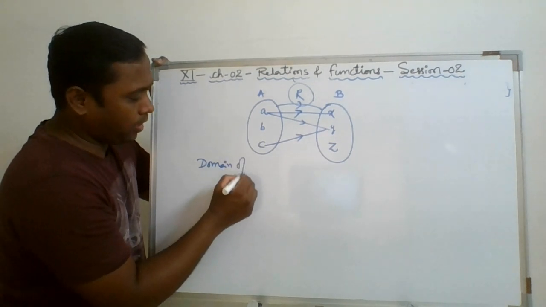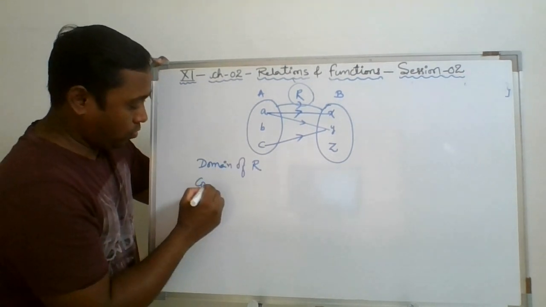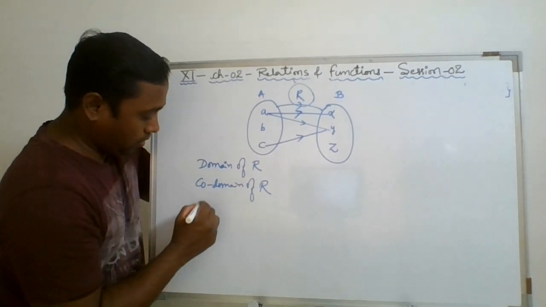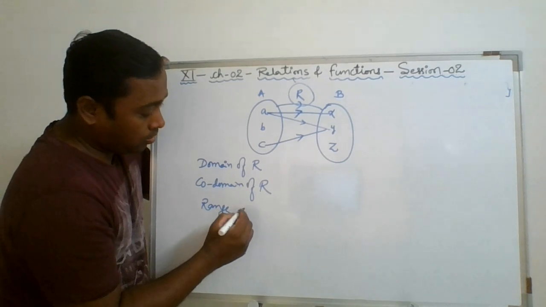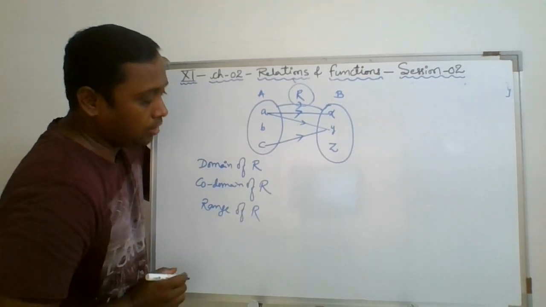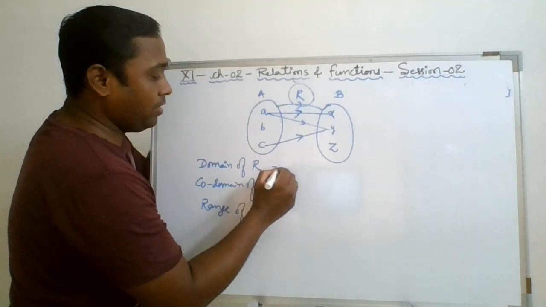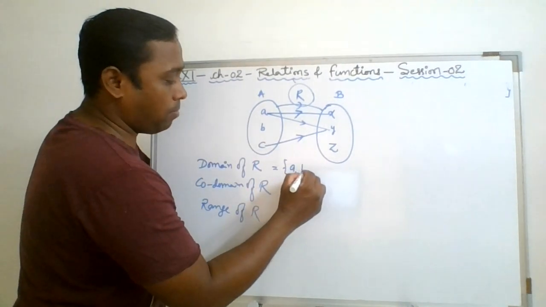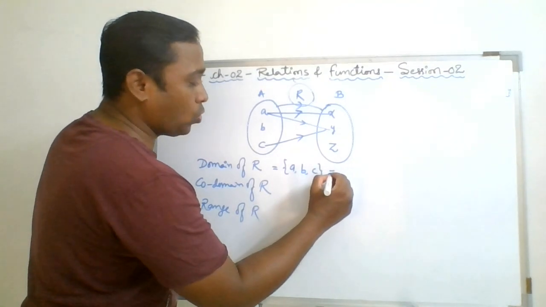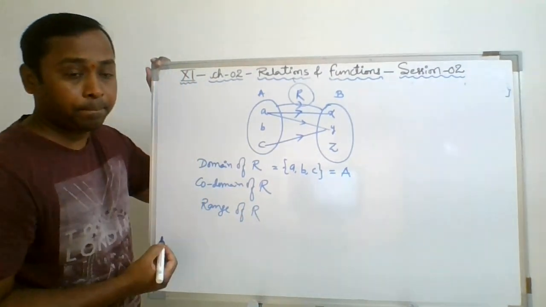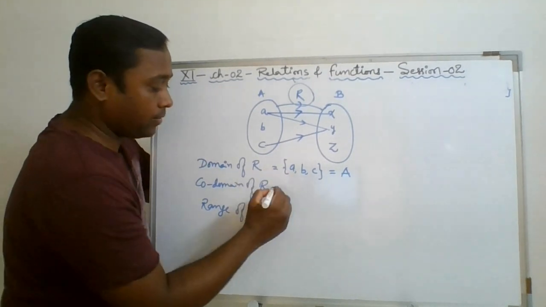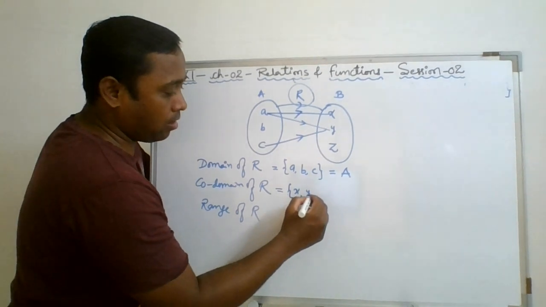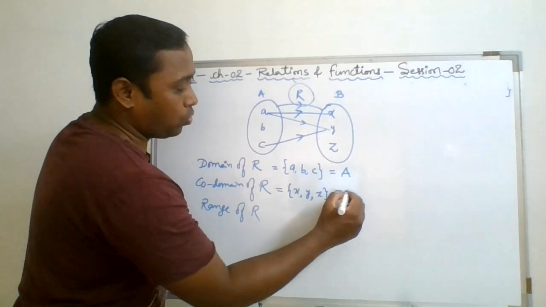Domain of relation R, codomain of relation R, range of R. So domain means simply, blindly you can write the set of first elements, that would be A, B, C, also written directly as set A instead of listing the elements. Codomain means the set of B elements, so you may write X, Y, Z, also written as set B.